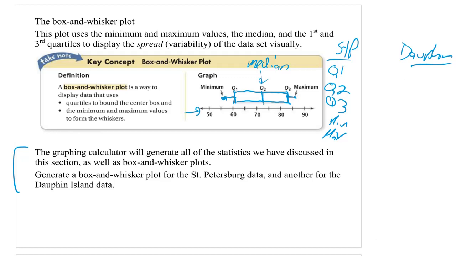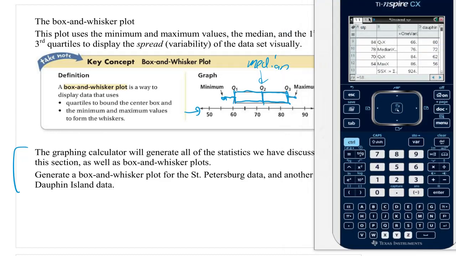So if I look at my calculator, we see in column A, STP for St. Petersburg, and then column D, Dauphin Island. So I have all those statistics calculated out.